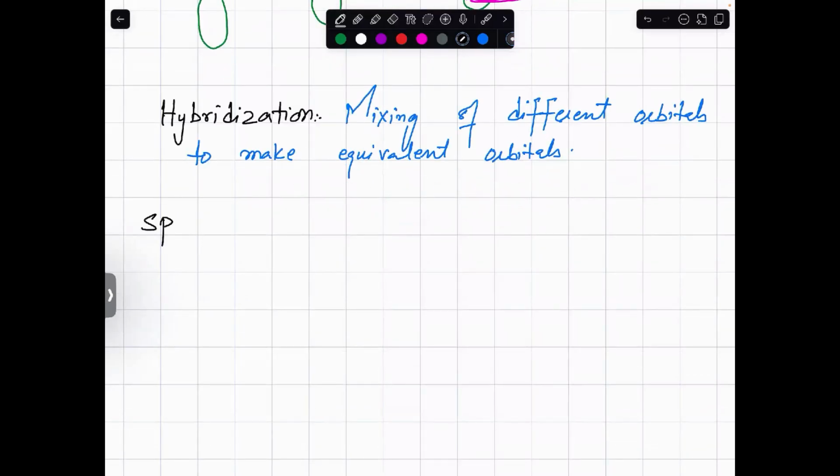sp3 hybridization. What is the meaning of this? I'm going to explain this, but first let me write some required material. sp3: mixing of one s, that is not this 1s, it's actually one, mixing of one s, because when you say 1s, it is s of the first quantum shell, and I'm just saying any one s, right?